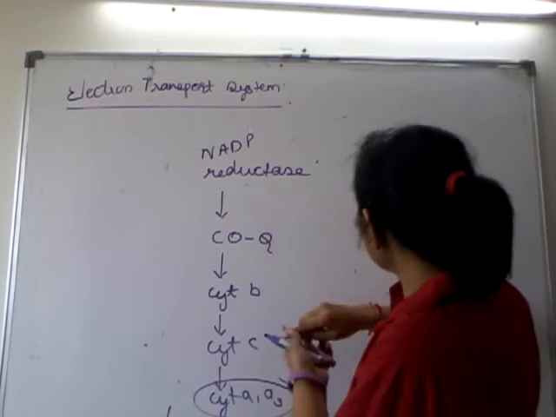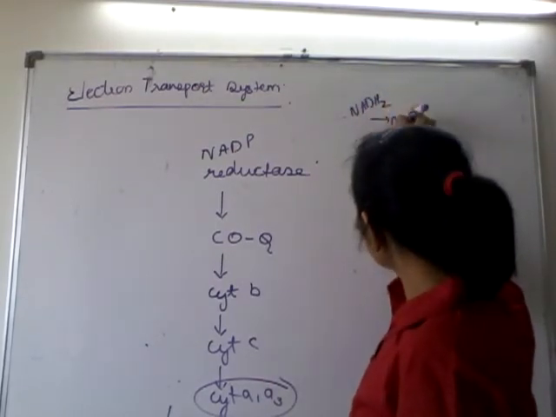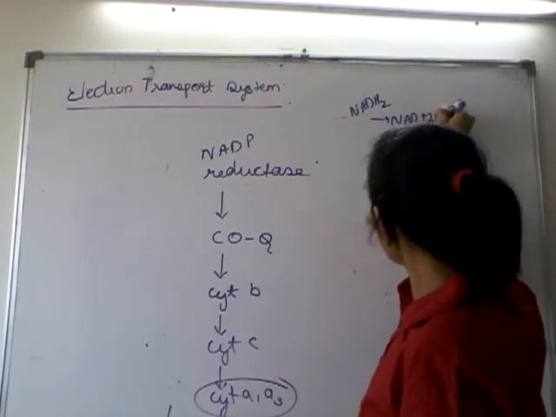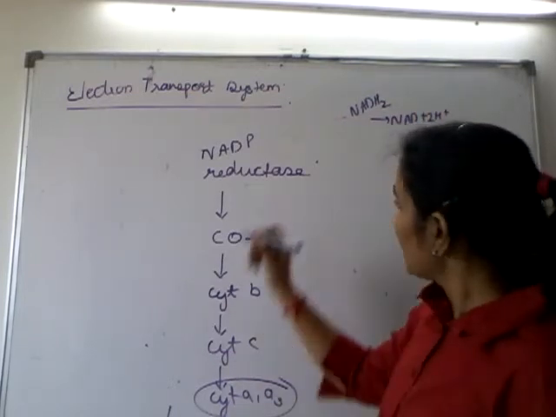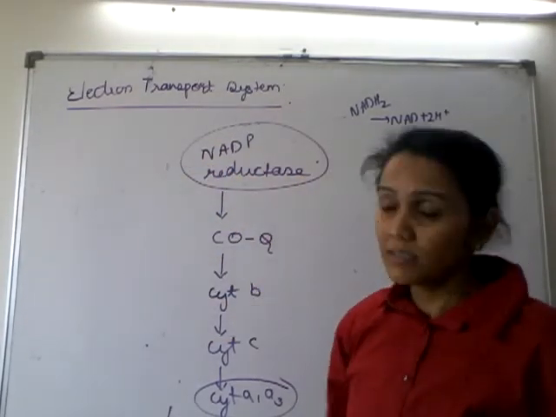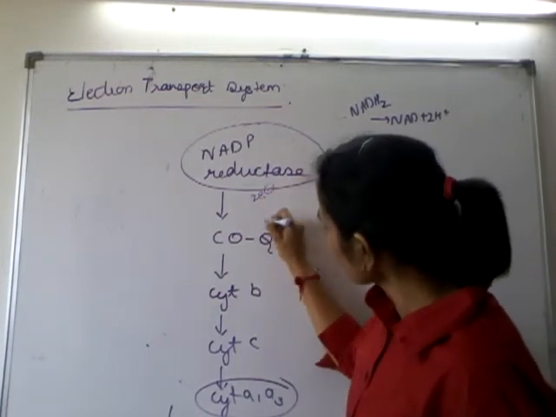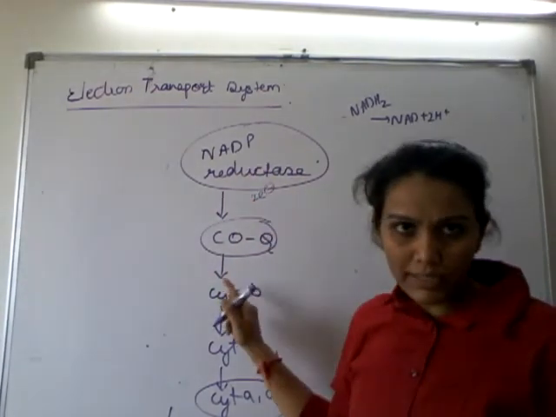Now let us see how the hydrogen and electrons move for synthesis of ATP. First comes NADH2. NADH2 forms NAD plus 2 protons, and the 2 electrons are accepted by NADH reductase. These 2 electrons are then transferred to coenzyme Q. One is oxidized, one is reduced.